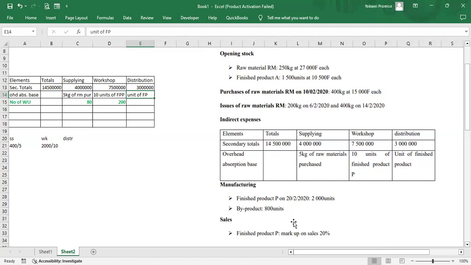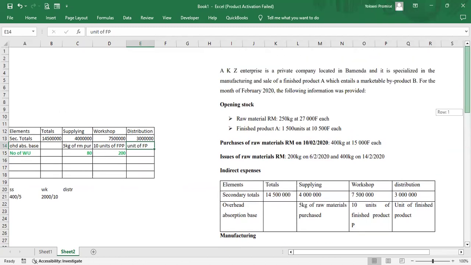They instead give us the markup rate on sales. And this markup rate on sales, we are going to use it towards the end when we'll be calculating the costing result in order to determine the selling price. So now we are calculating by the sales for each unit. So looking at the question, we see that the opening stock of finished product A is 1,500, right?